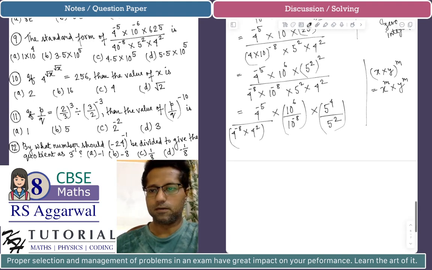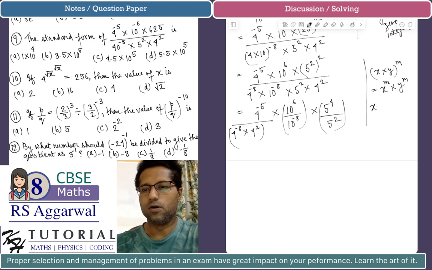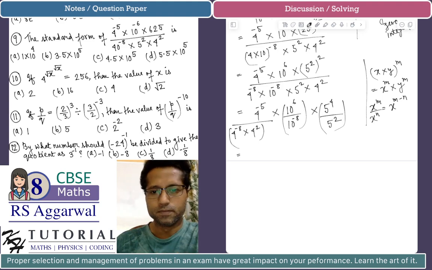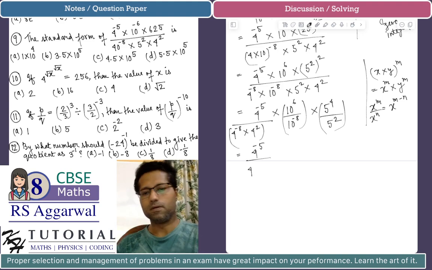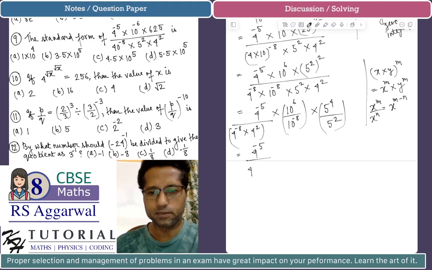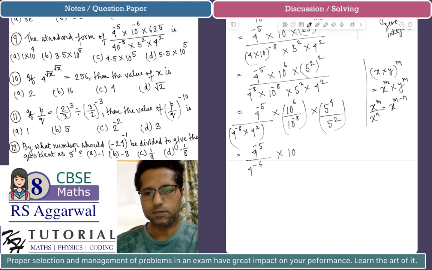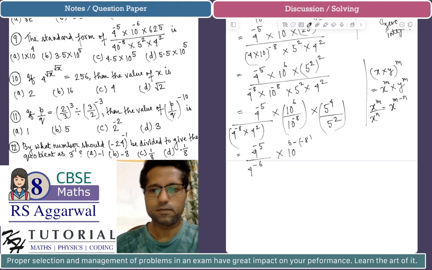So now I will apply the law x to the power m divided by x to the power n is equal to x to the power m minus n. I will apply these laws of exponent. So this becomes 4 to the power minus 5, divided by 4 to the power minus 8 plus 2, that is minus 6, and we have here 10 to the power 6 minus 8, and we have 5 raised to the power 4 minus 2.